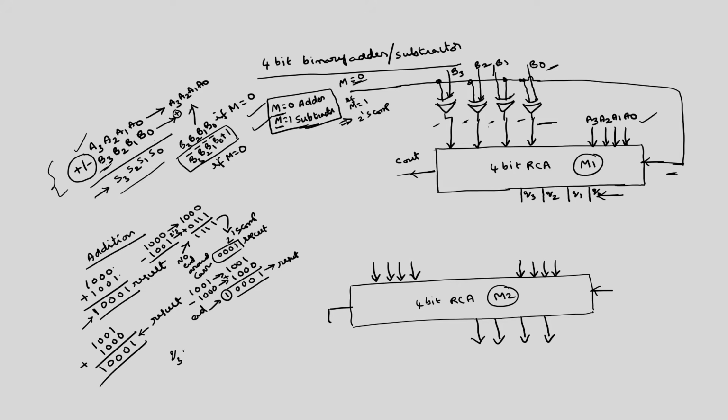This Q3, Q2, Q1, Q0 should be equal to S3, S2, S1, S0 in which cases? If it is addition, and in subtraction also if there is end around carry, that is subtraction with end around carry.